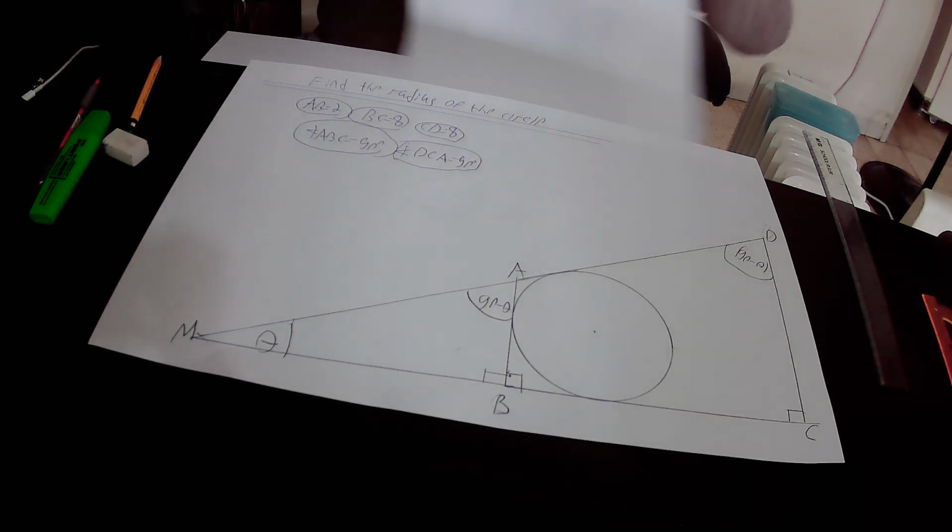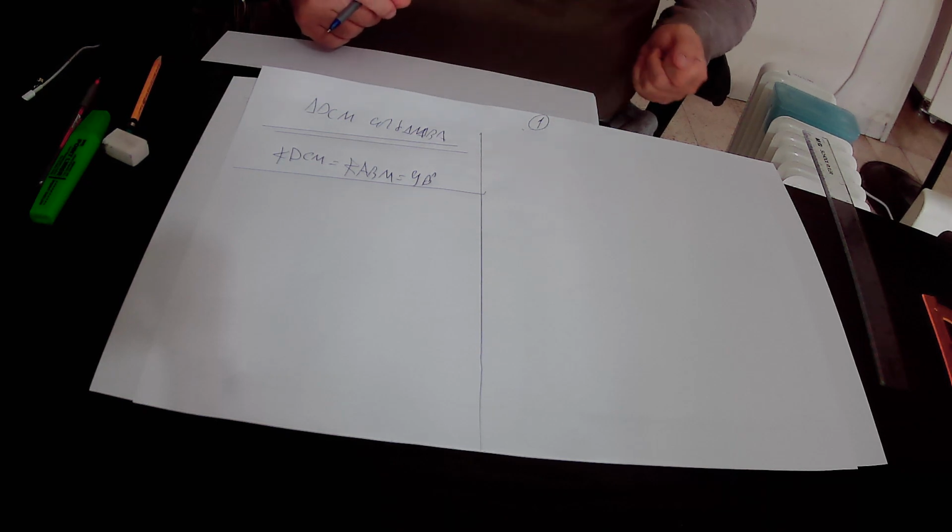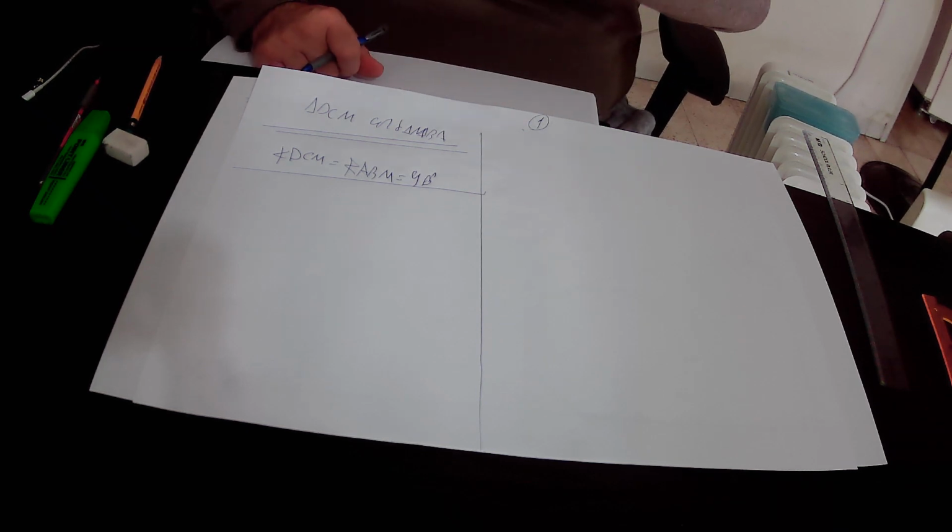Repeat again. Angle DCM in the big right triangle DCM equals angle ABM in the small right triangle MBA. They are both equal to 90 degrees, therefore they are equal to each other.